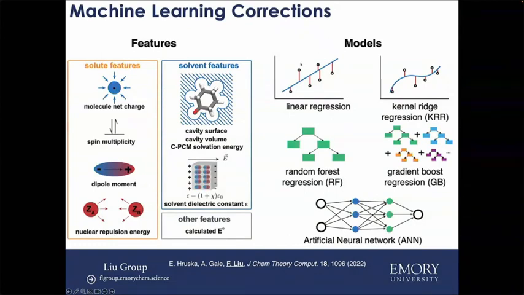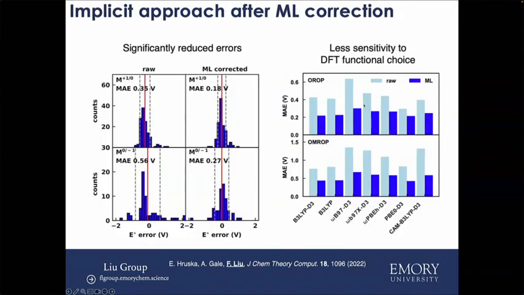So we propose the following model. We use very simple features focusing on the solute and solvent. We have only 9 features here because our data set is not big, so we want simple features, and we also use simple models. We found that the correction is significant.